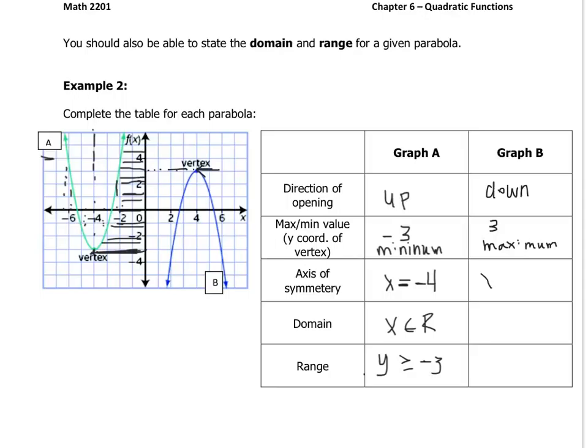And the axis of symmetry would be down through the vertex, cutting the parabola in half, and it would have an equation x equals 4. Domain again, the graph keeps expanding outward, so it would have all real numbers used, all values on the x-axis would have a corresponding point on the graph, but the range would only be y less than or equal to 3.